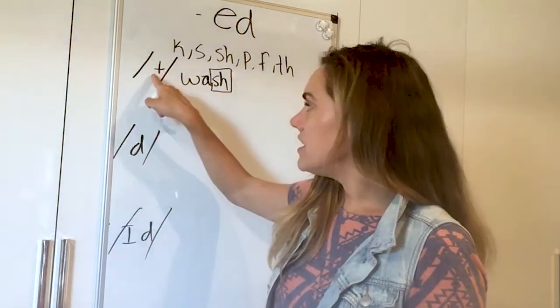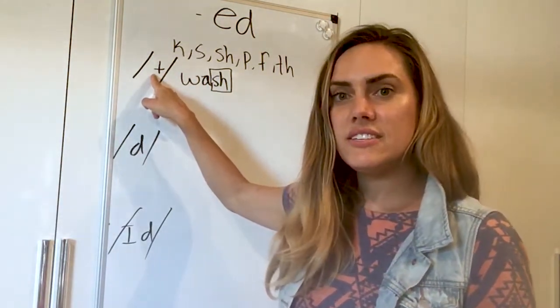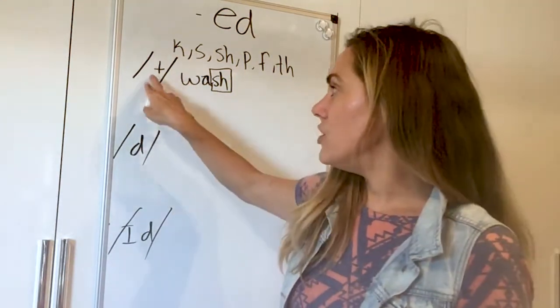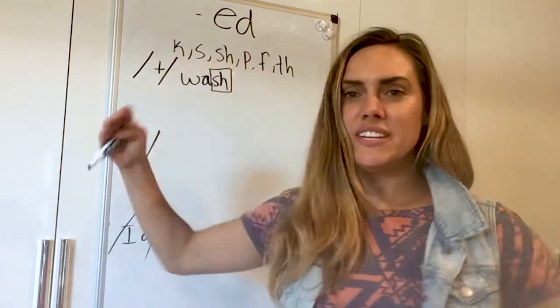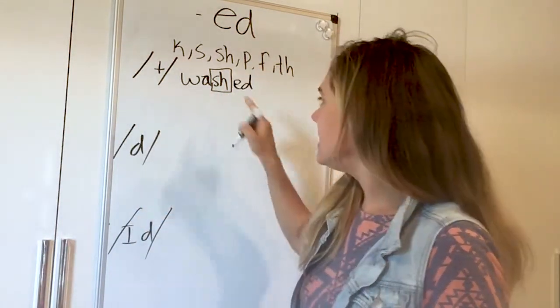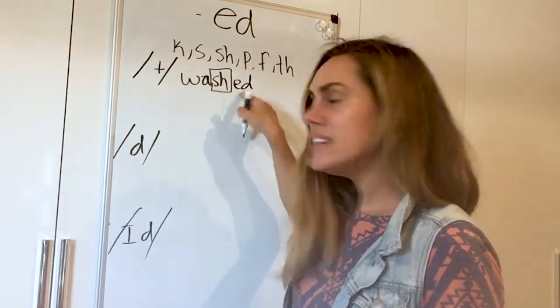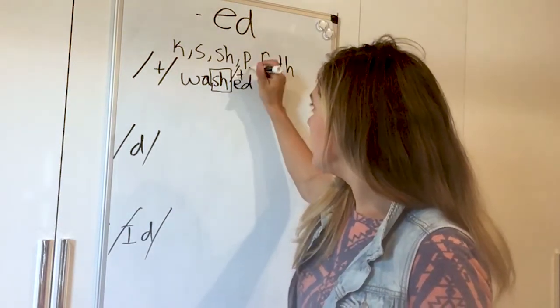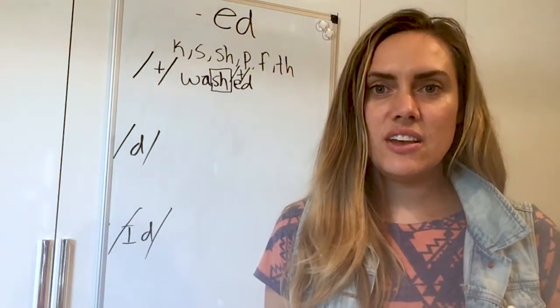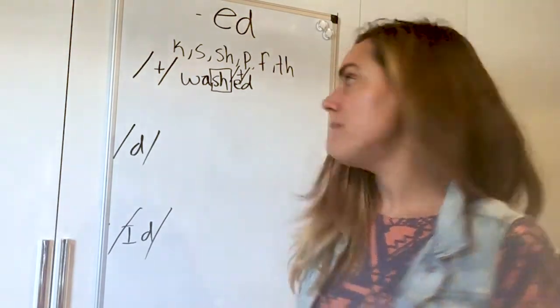That means you need the t sound of -ed, because no sound goes together, okay? So when you add the -ed, the sound here is actually that voiceless t, and it's washed, washed, okay?